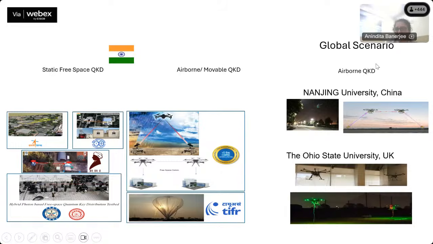I'm particularly talking about aerial QKD in the US, Ohio University, and in India, TIFR is working on balloons, high altitude platforms, and we are working on quantum key communication with aerial platforms, for example drones. So this is prepare and measure drones. Remember the B92, and this is the entanglement based drones, where you have the Charlie on the drone and the two receivers on the ground.